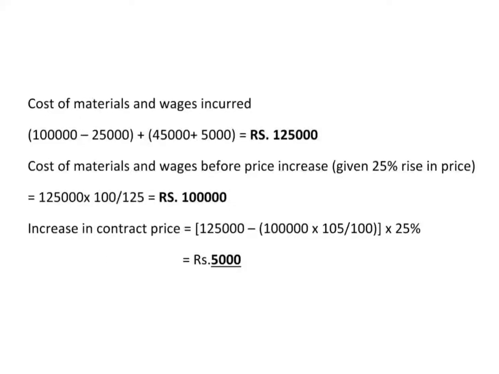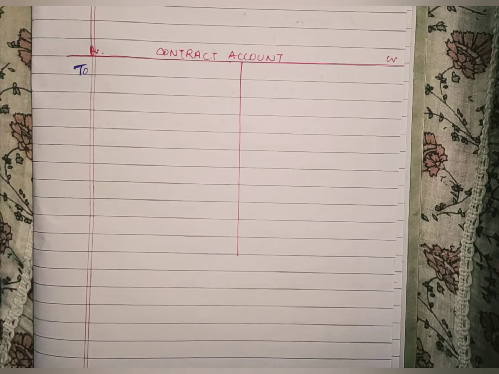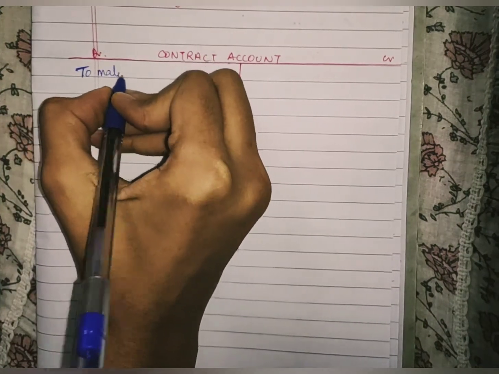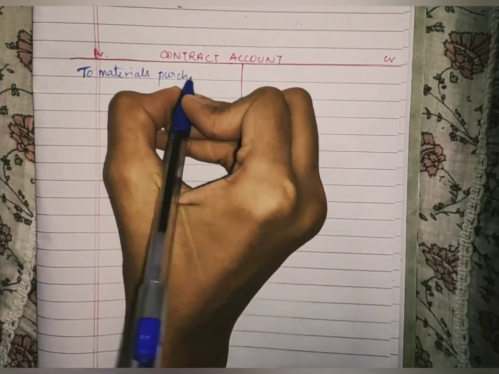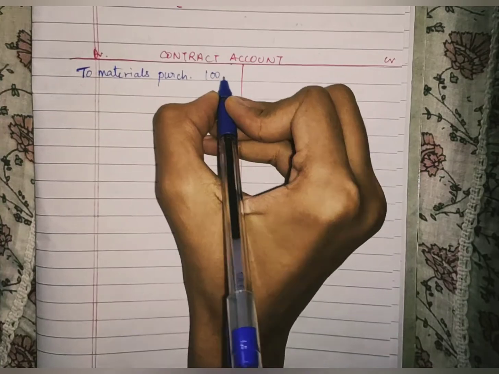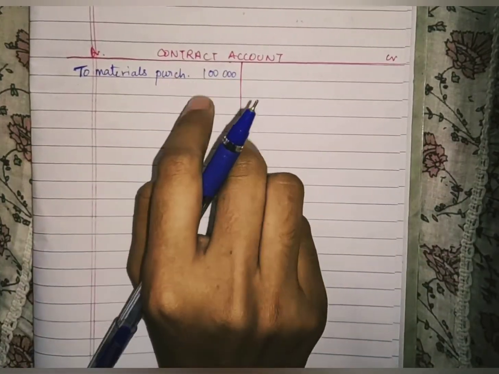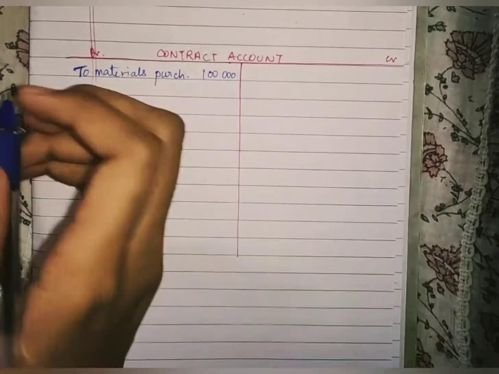So, let's see how to do this in the sum. Now, first we have to write all the expenses on the debit side. To materials purchased, ₹1 lakh. Here you won't be adding the increased value, you will write the normal value here because we have calculated it separately. We will apply that.